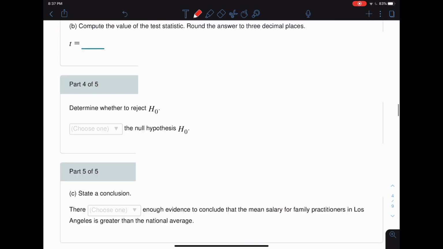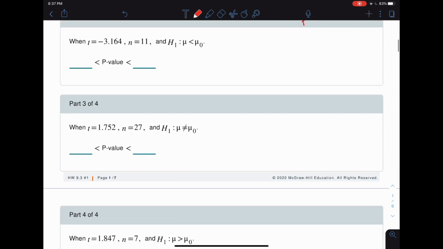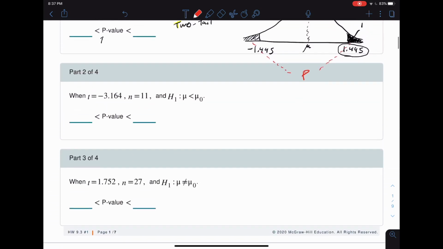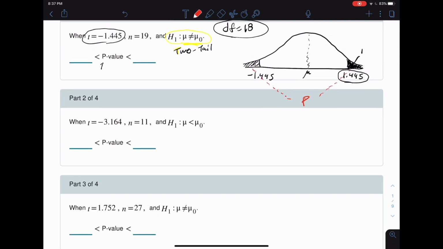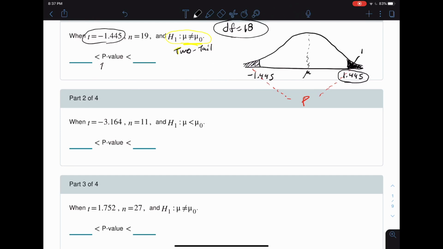Now, there's two of those, so it's doubled.